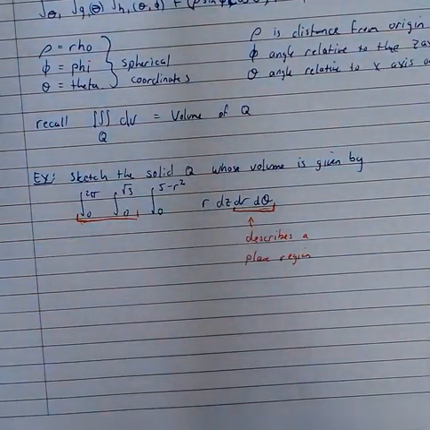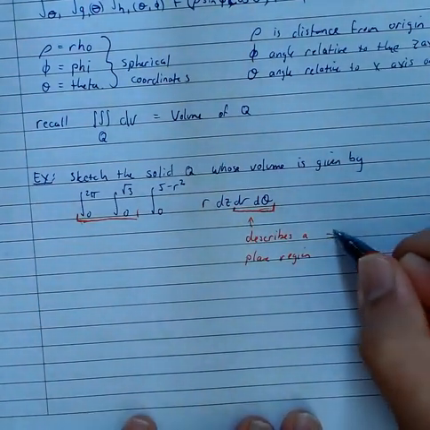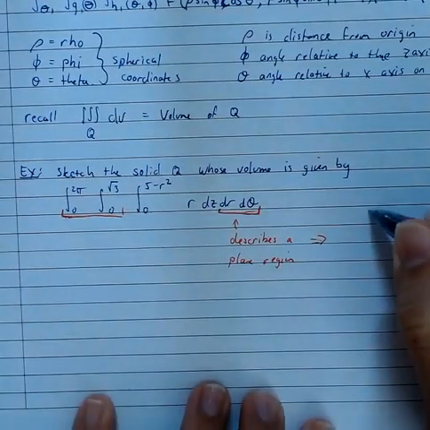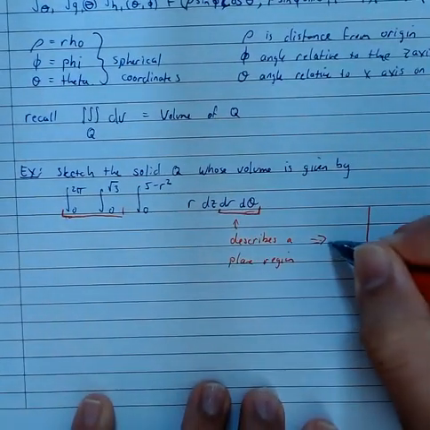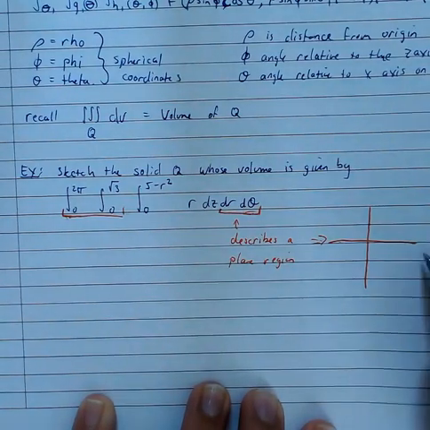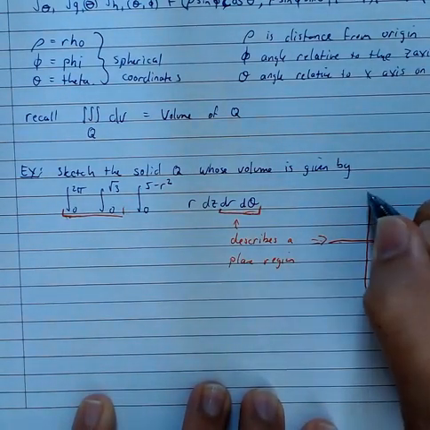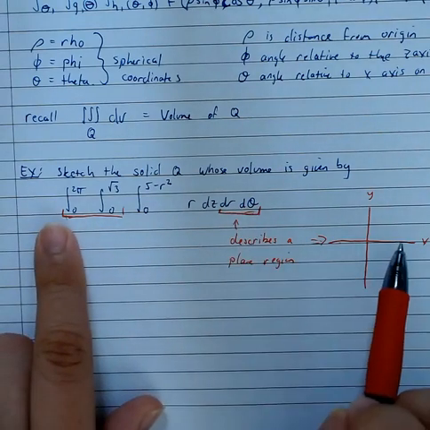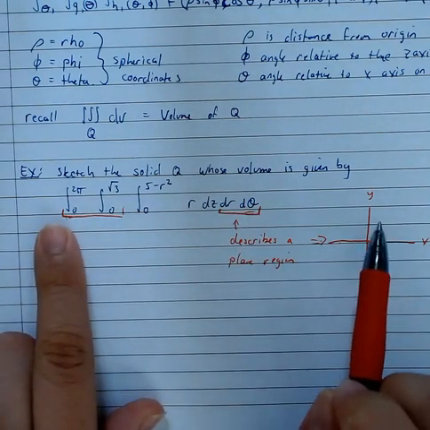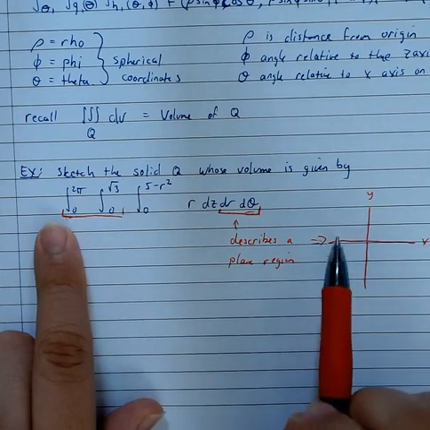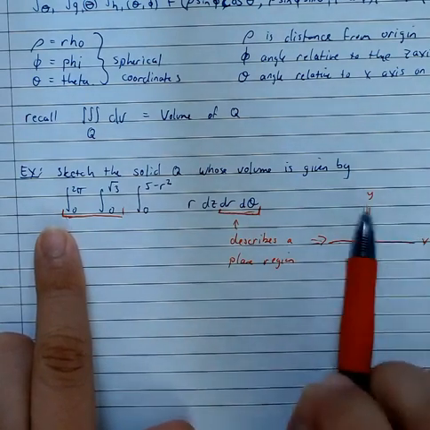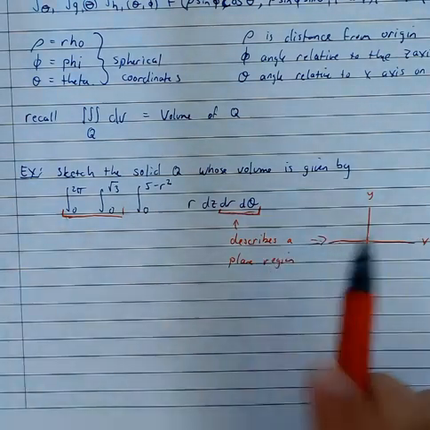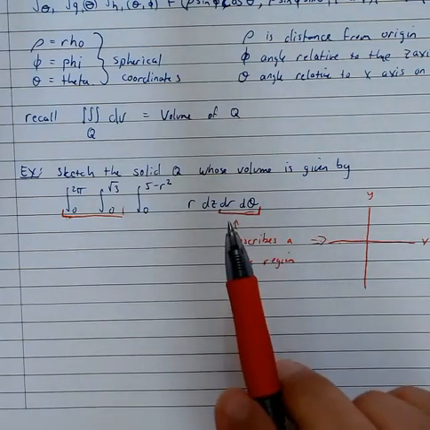So let's describe just that plane region. It doesn't just describe a plane region, it describes this one. Okay, so here is my plane. Here's my x and here's my y. And you say, well, it's r and theta. Well, yeah, but r and theta are going to give you values to express an object. That object is still on the xy plane, though. It's still in 3D.